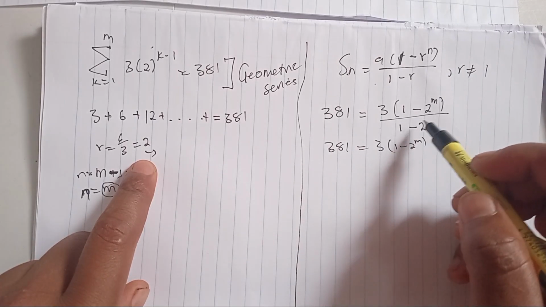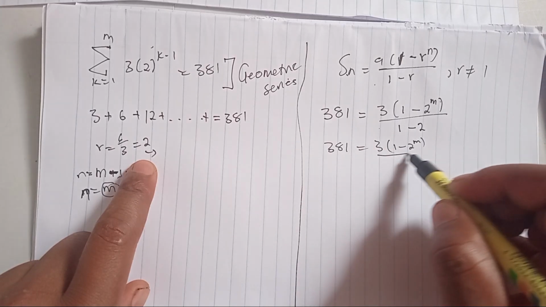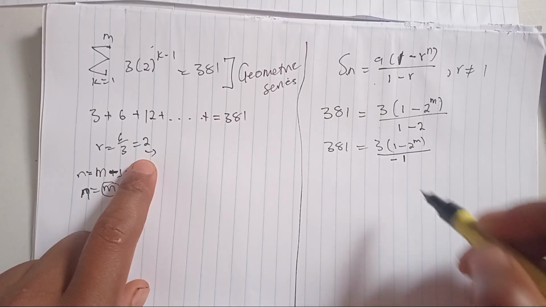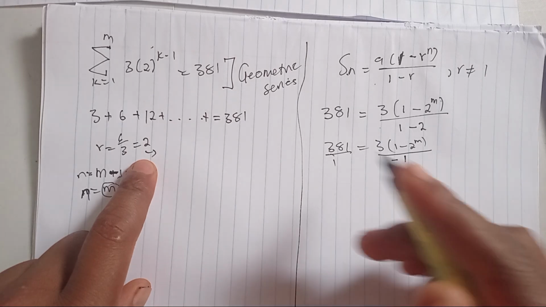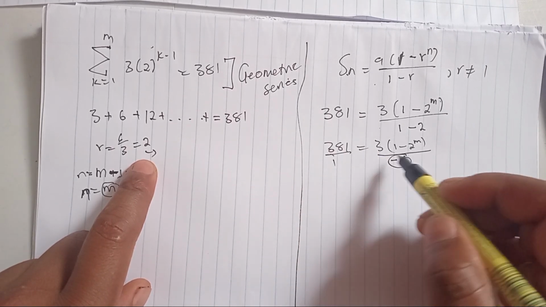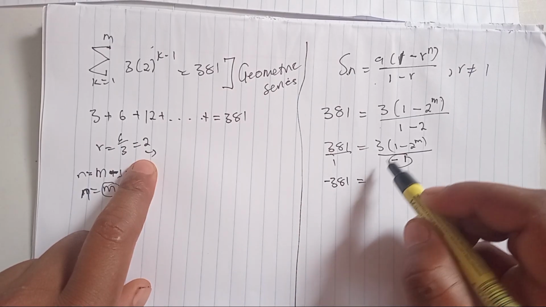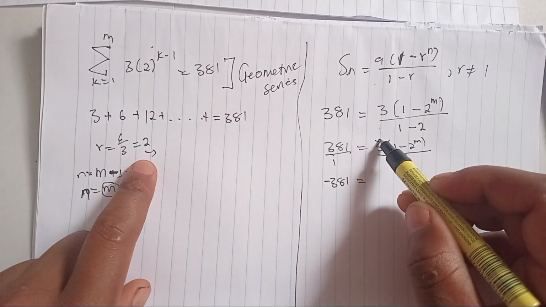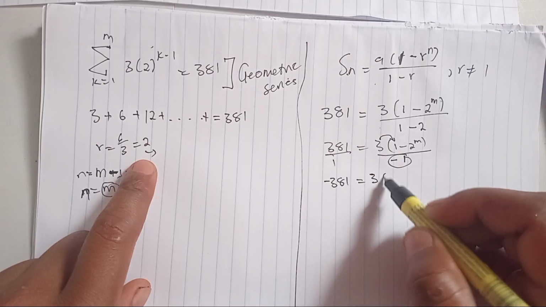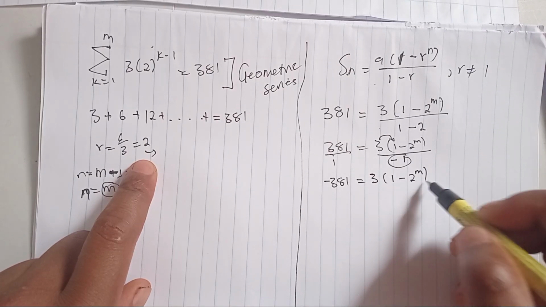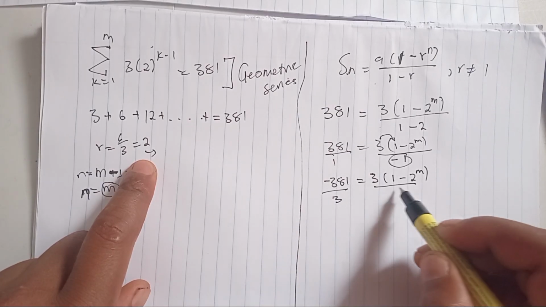Now, guys, you can see very well that if you say 1 minus 2, you're going to have minus 1 over 2. Remember, this is over 1. You multiply both sides by the negative 1, and then you're going to have minus 381, which is equivalent to 3 into 1 minus 2 exponent M. You divide both sides by 3.